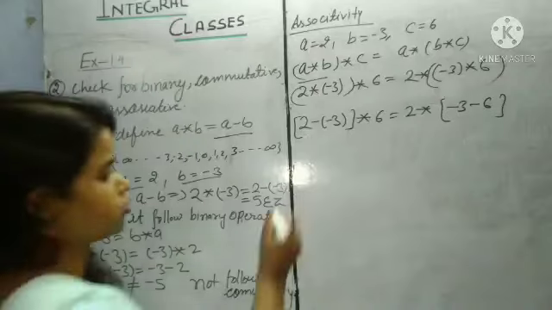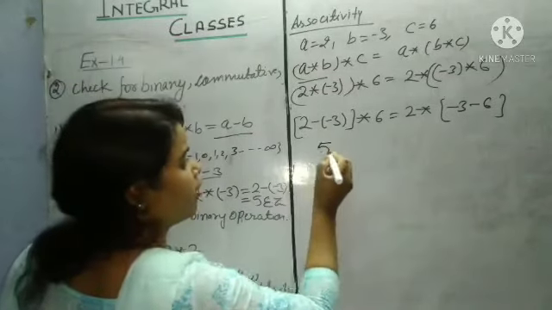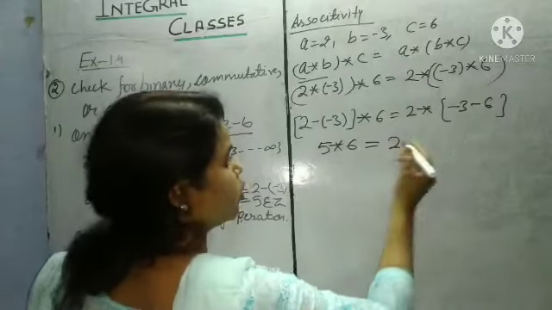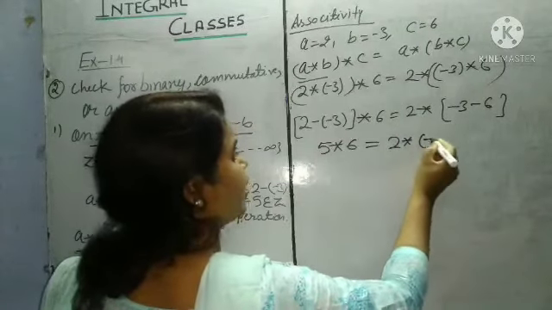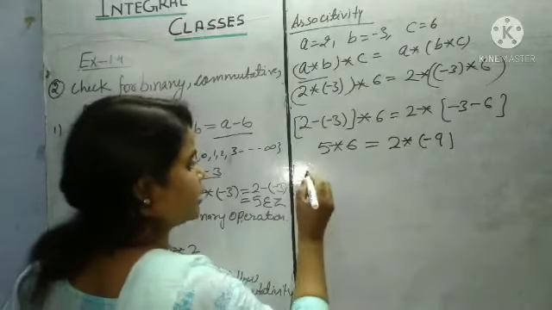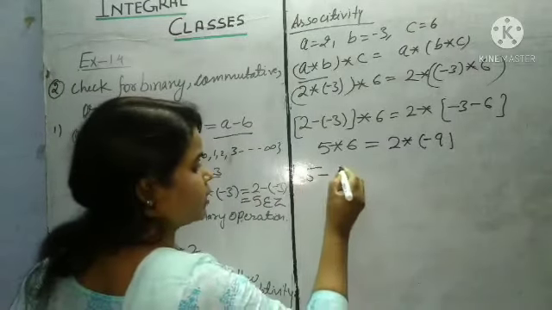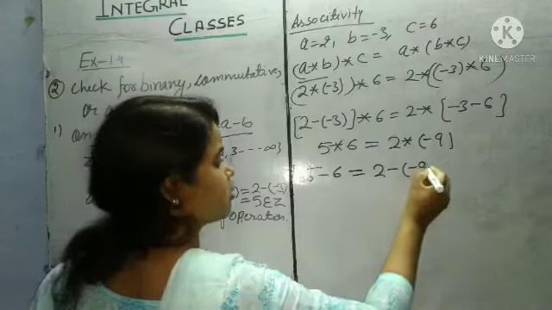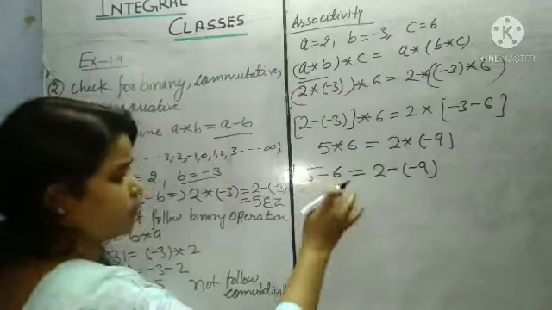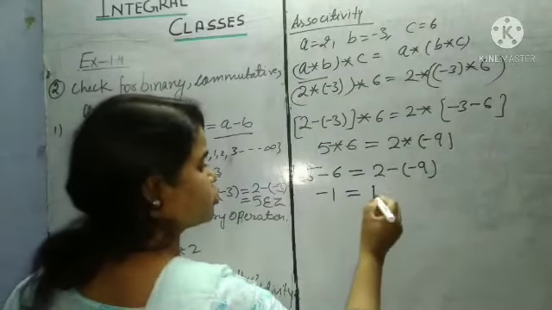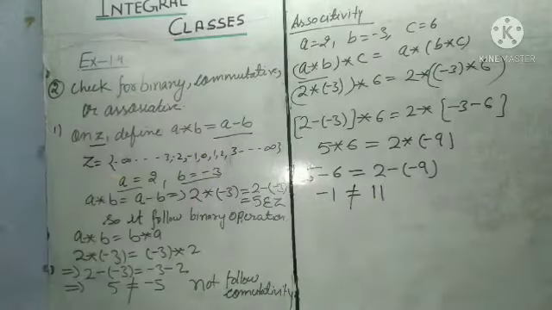We apply the binary operation A star B equal to A minus B. So now it becomes 5 star 6 equal to 2 star minus 9. Again we apply 5 minus 6 equal to 2 minus 9. So it will become minus 1, and 9 plus 2 is 11, which are not equal.